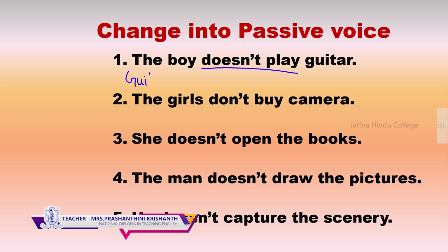Guitar. This is singular, right? This object is singular noun. So is not. Guitar is not. What is the past participle form of play? Played. Is not played. By. Who is the doer? By the boy.